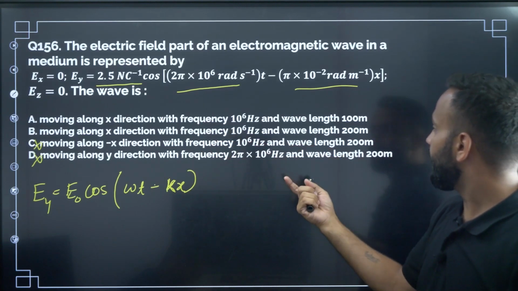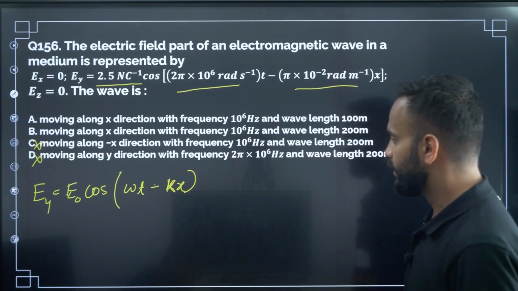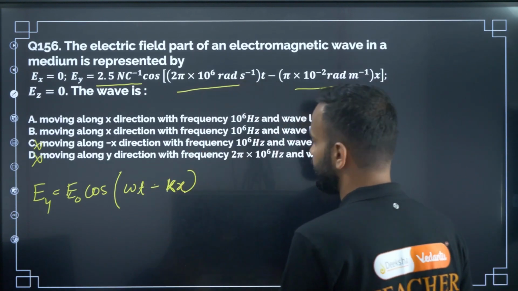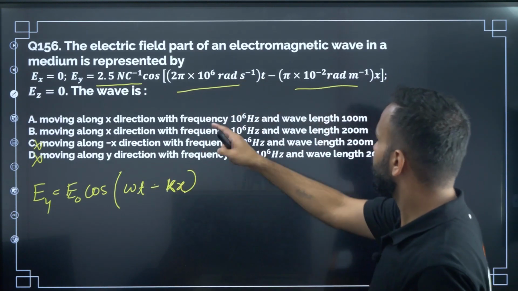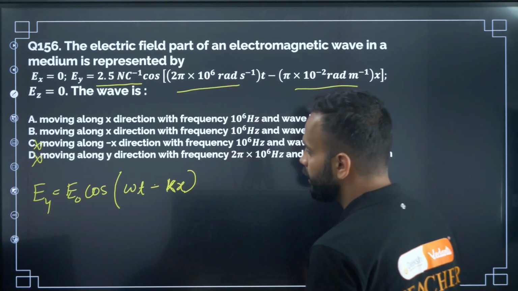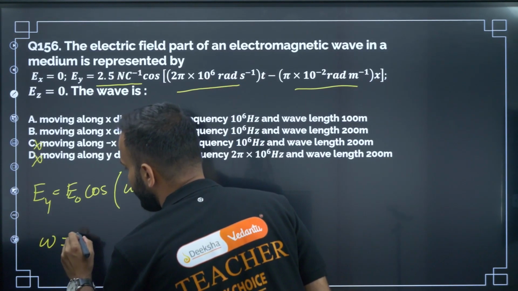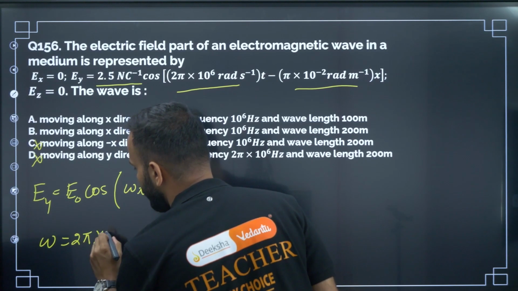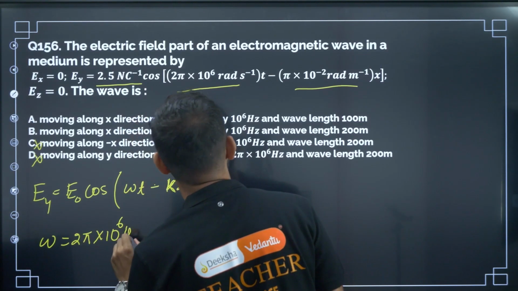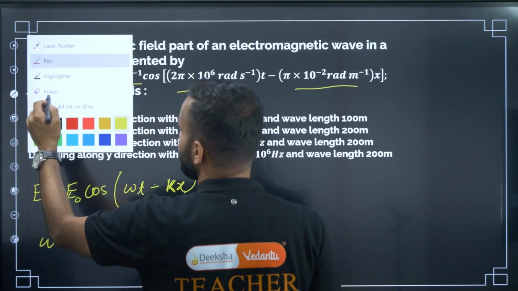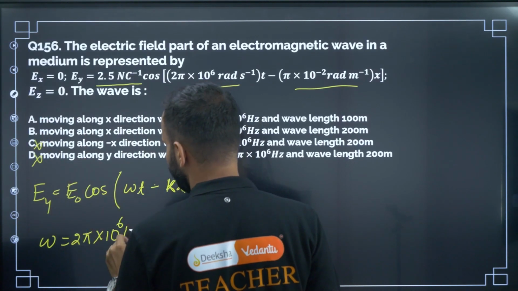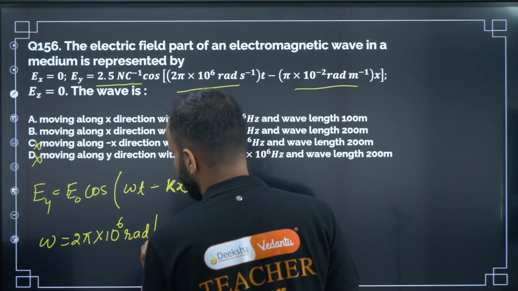So for that we need to find the frequency and wavelength, right? So let us find the frequency. Omega value is given, right? Omega is 2 pi into 10 to the power 6 radian per second.